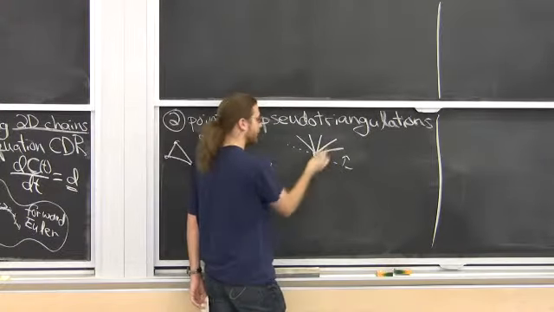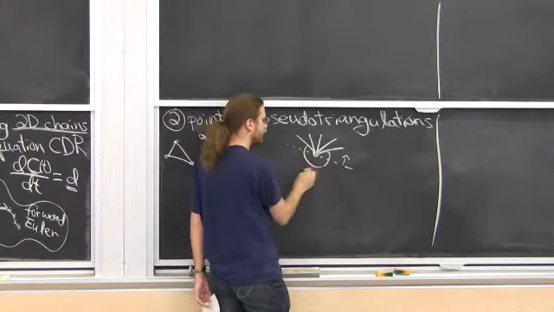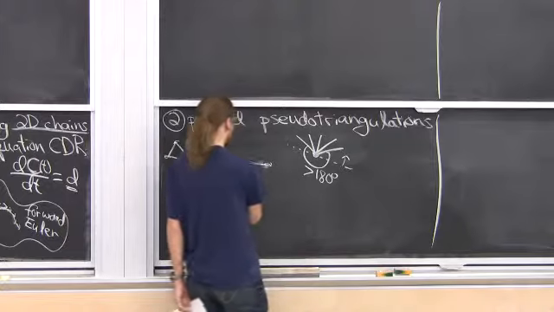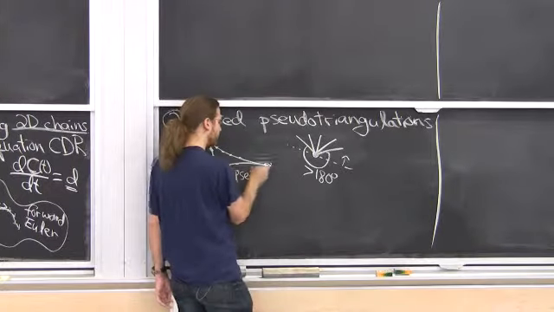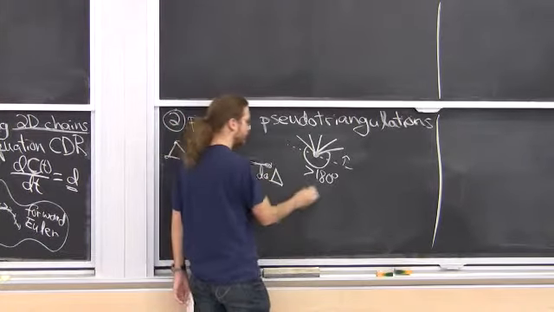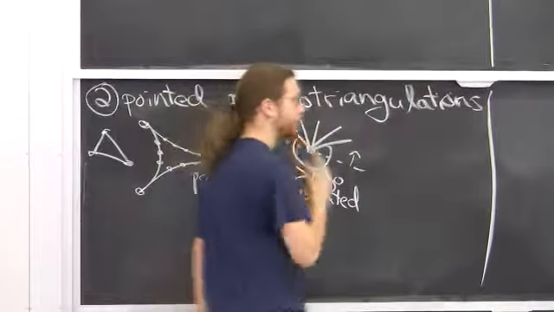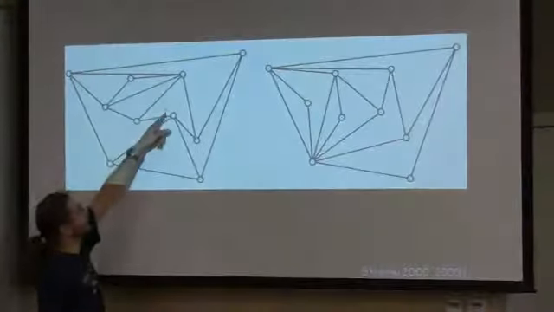They all lie on that side. In other words, there's an angle that's bigger than 180 degrees. This was a pseudo-triangle, and this is pointed. And if you check this example, every vertex has an angle that's bigger than 180 degrees.